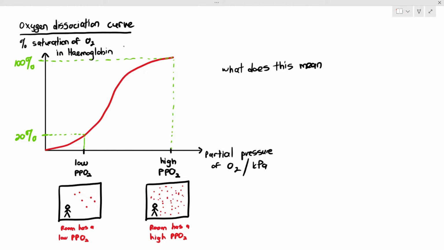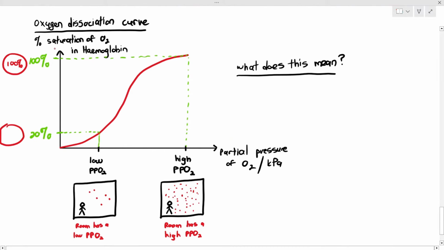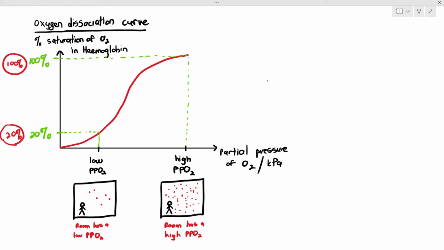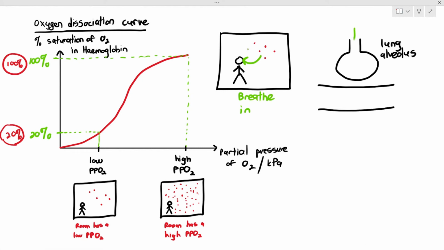So of course, what does this actually mean? Okay, what it means is, in this case, if you are in a room with a low partial pressure of oxygen and you took a deep breath in, the concentration of oxygen that goes into your lung alveolus will be very low because you only breathe in very little oxygen. Right?